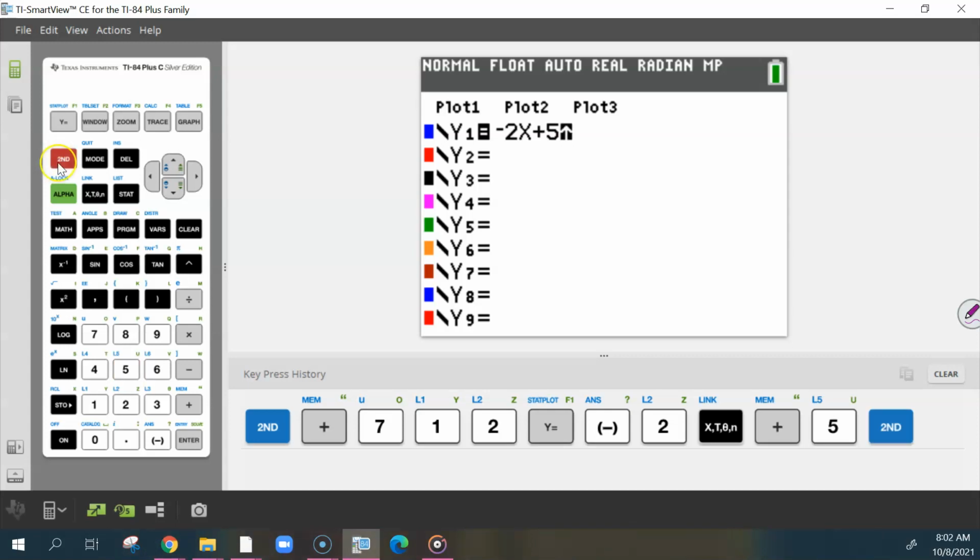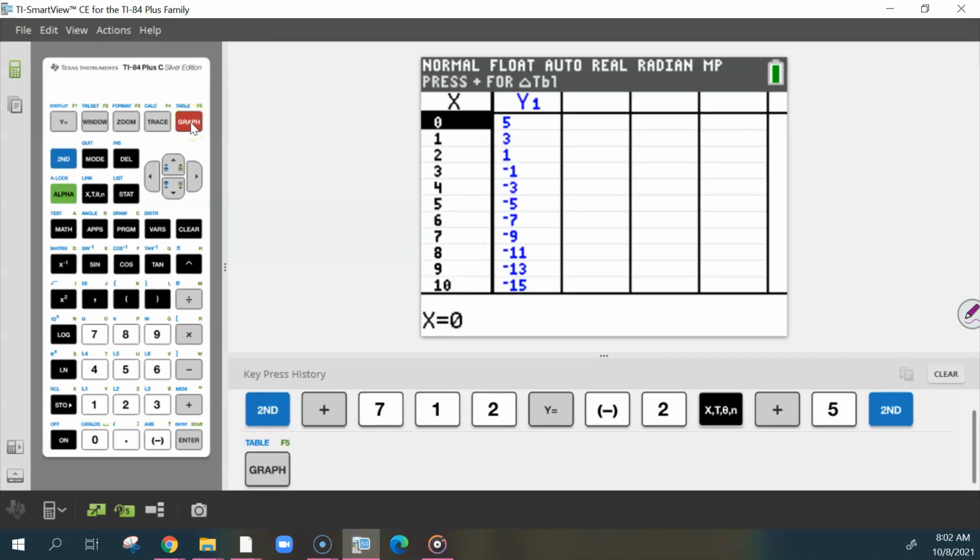And then I'm going to hit second graph. And I can see all of my values in my table. So if I'm looking for a specific one that I don't see, I can scroll up or scroll down to find that. And then fill out my table.